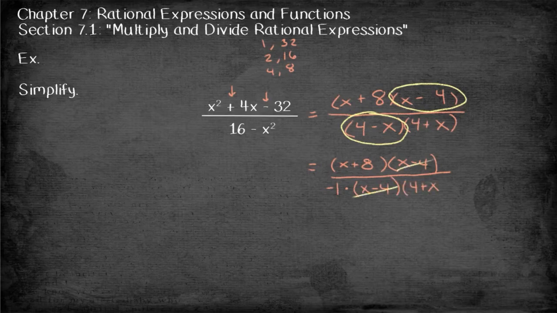Then I can reduce. So upon simplifying, you would have x plus 8 over the negative of 4 plus x. To simplify it maybe a little bit further, we want to distribute that negative again. And there we have it, a simplified rational expression.